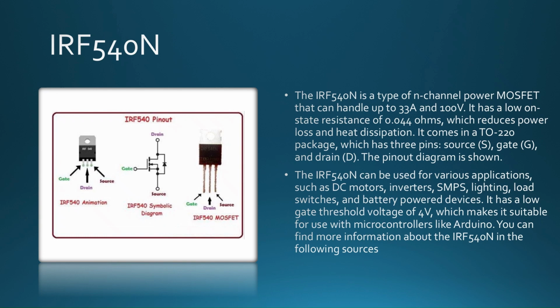The IRF540N can be used for various applications, such as DC motors, inverters, SMPS, lighting, load switches, and battery-powered devices. It has a low gate threshold voltage of 4V, which makes it suitable for use with microcontrollers like Arduino. You can find more information about the IRF540N in the following sources.